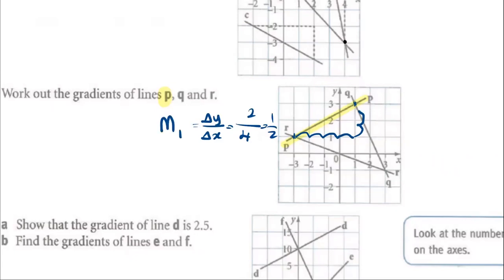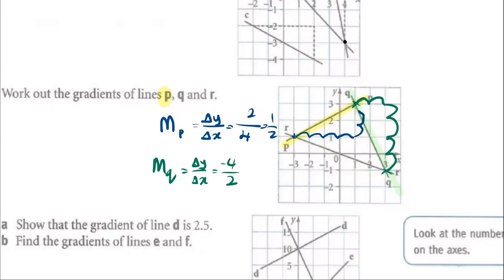So let's write properly. Gradient for P. Now, gradient for Q. Change the color. Q. We're going to pick the same coordinates here as well. 1, 2, 1, 2, 3, 4.